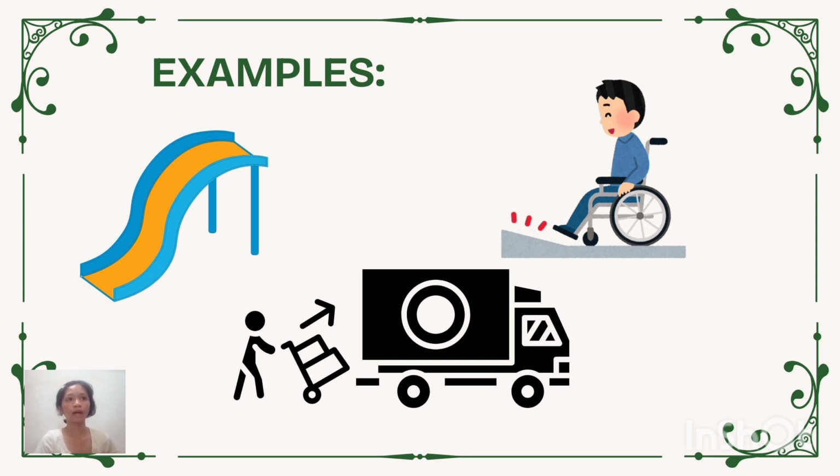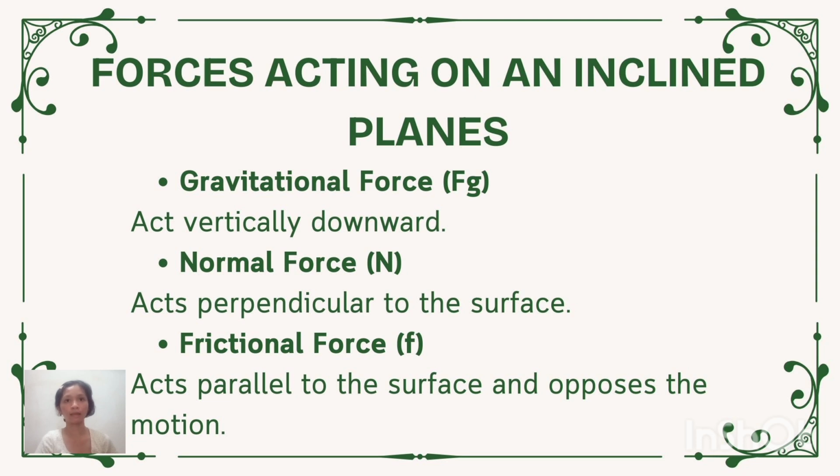So here are the forces acting on an inclined plane. When an object is placed on an inclined plane, for example on a slide, several forces can act on it. We have gravitational force, normal force, and frictional force. The first is gravitational force or weight, represented by F sub g or F gravity.